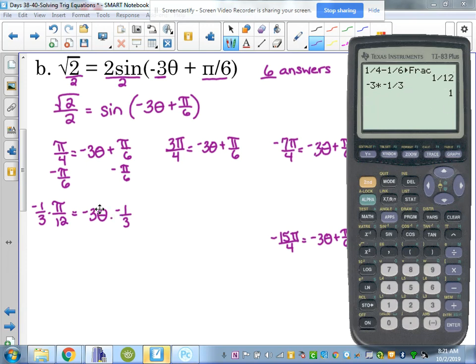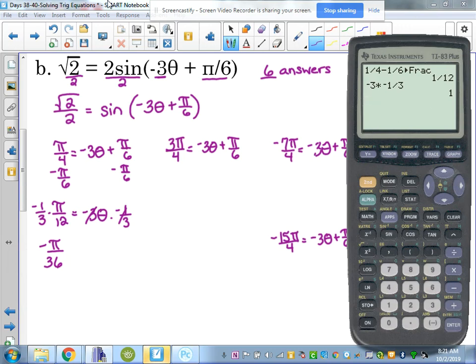That's the whole point in doing that. I want 1 theta, not negative 3 theta. So I do that because I got a fraction. That's going to save me having to flip and multiply. It's taking care of that part already.